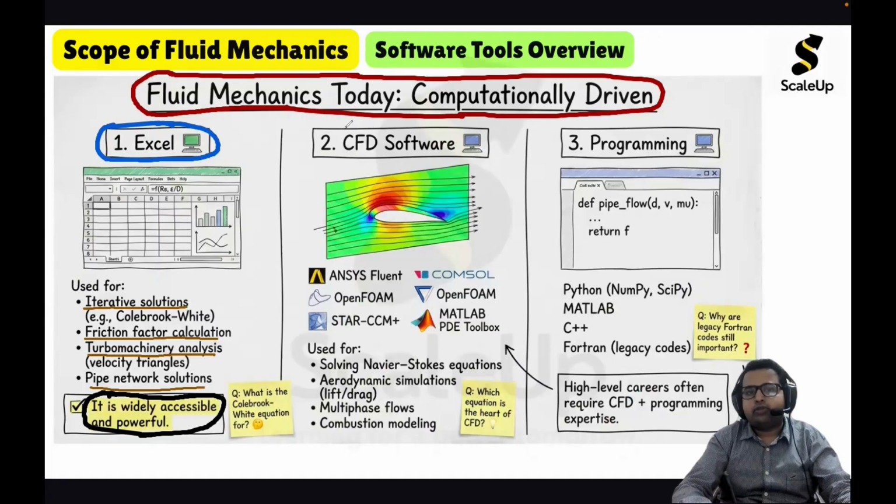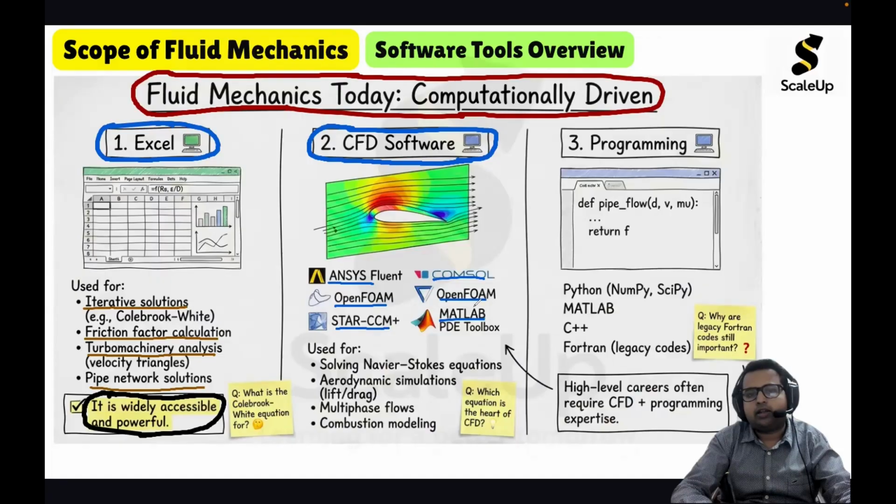Other tools we use are the CFD software, that is, the computational fluid dynamics software. Some examples are ANSYS, COMSOL, OpenFOAM, MATLAB, and Star-CCM+, and in MATLAB, we have the PDE Toolbox.